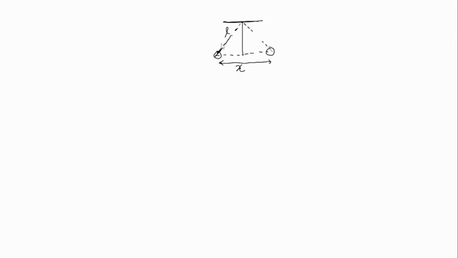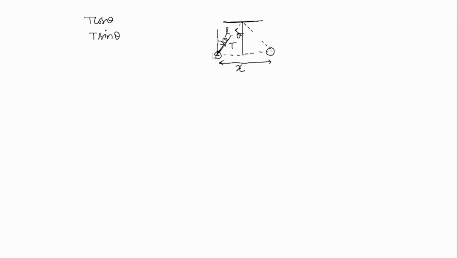Suppose here tension is T, and this angle is theta from the vertical. Then this angle will also be theta, right? So the vertical component will be T cos theta, and the horizontal component will be T sin theta.